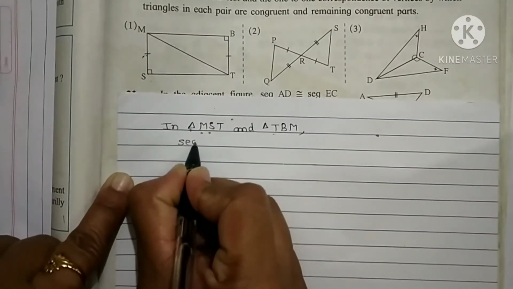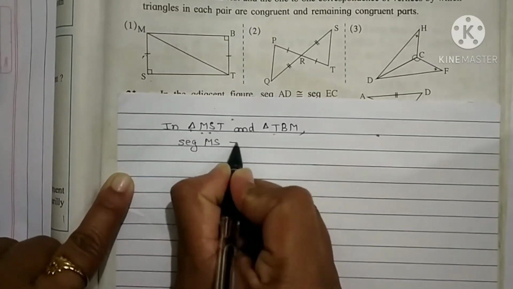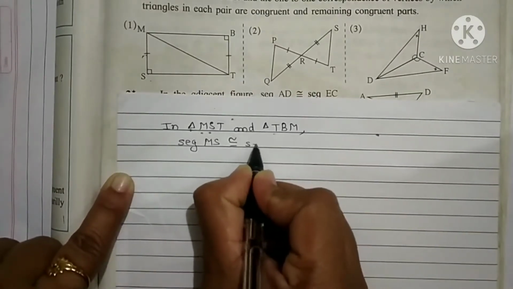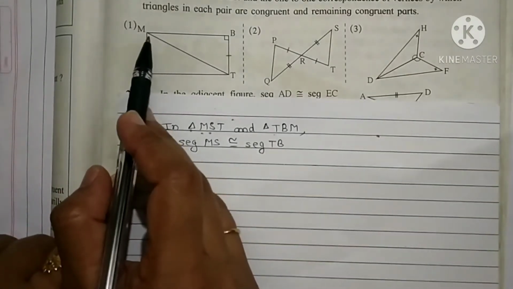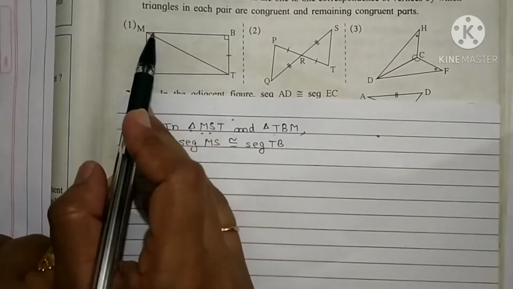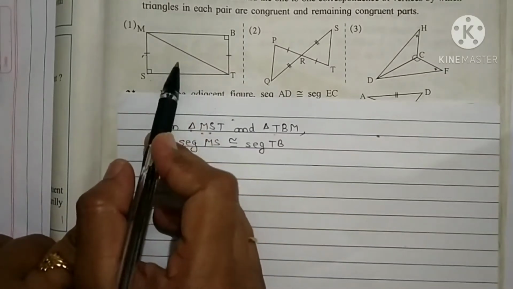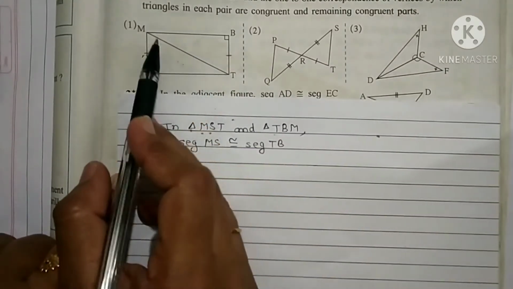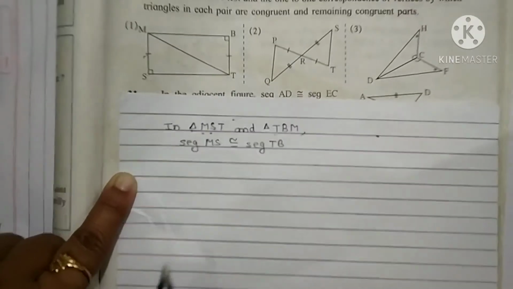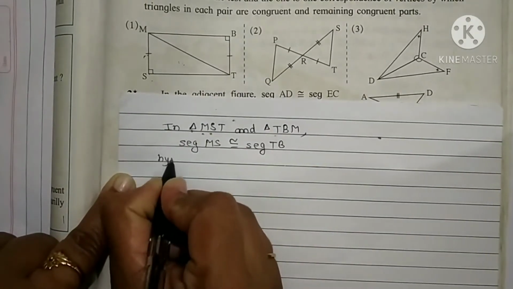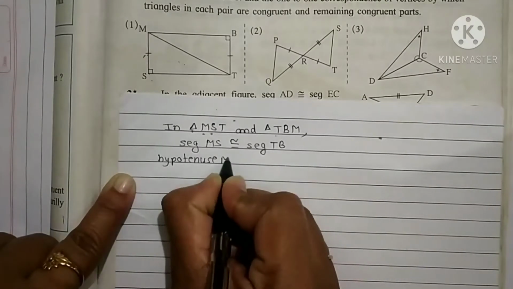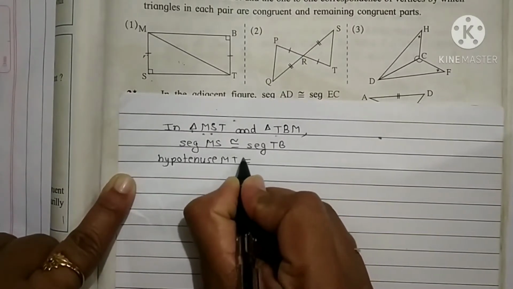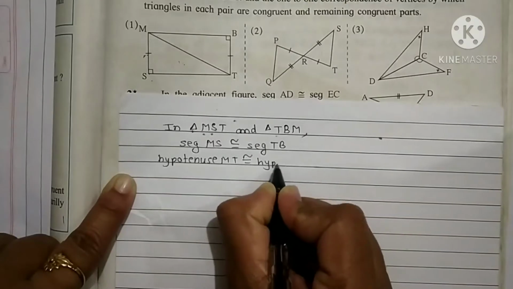So write down segment MS congruent with segment TB. And here segment MT is common in these two triangles and MT is the hypotenuse. So hypotenuse MT is congruent to hypotenuse MT.